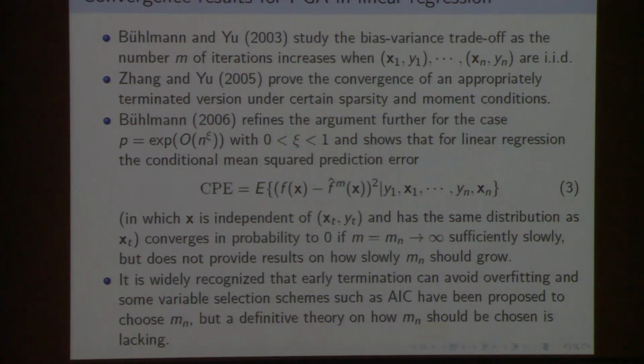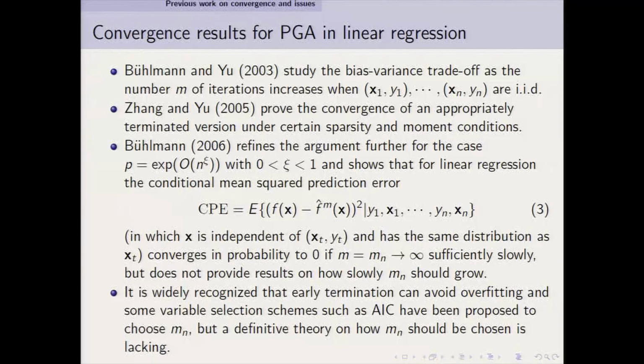They prove convergence if you do gradient boosting, I mean matching pursuit: this algorithm does converge as n, the sample size, tends to infinity. But there is a subtle point, which is how m should be chosen. m should be chosen relative to n.